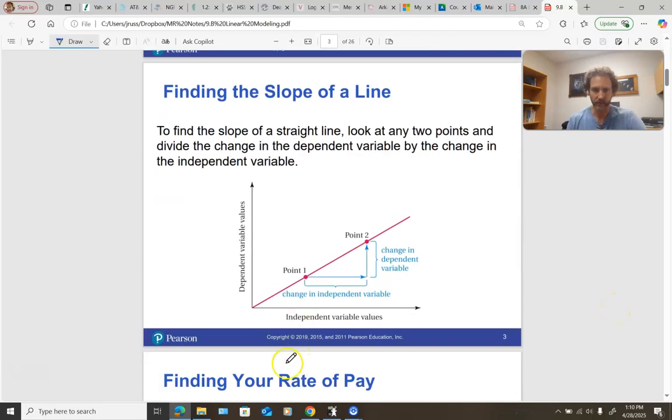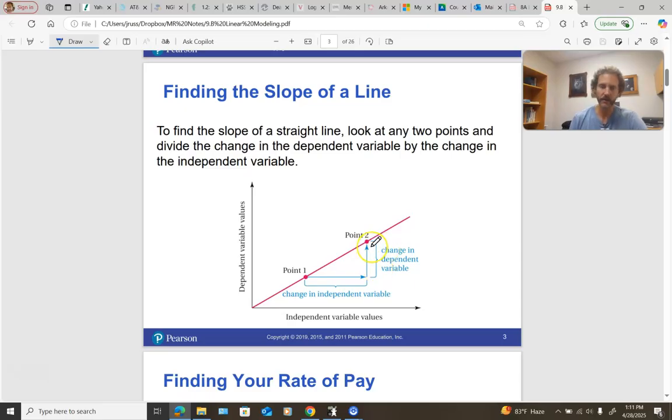So here's an example. Let's say we've got this line. This represents some relationship between our independent variable and our dependent variable, whatever those are. From point 1, we've just picked 2 arbitrary points here, point 1 and point 2. The vertical distance between these 2 points is the change in the dependent variable, or otherwise, the change in the y coordinates of those 2 points.